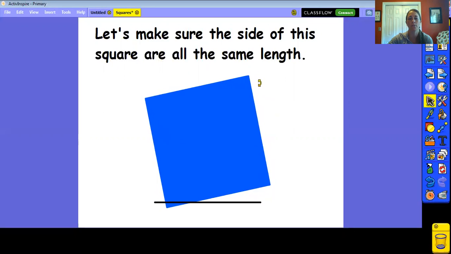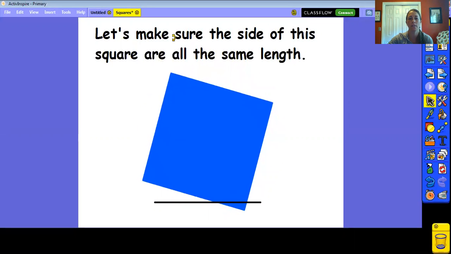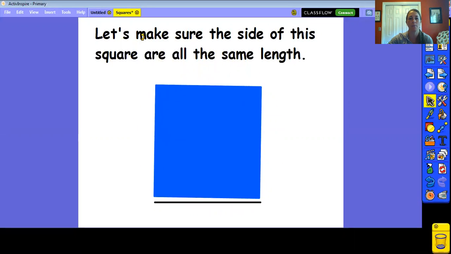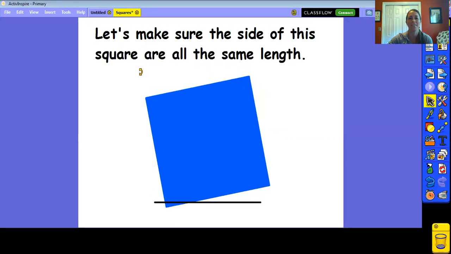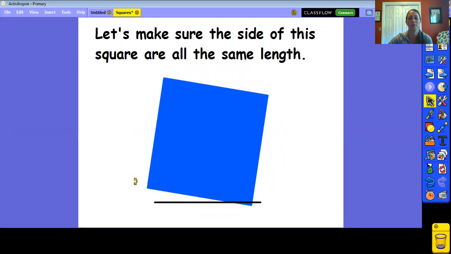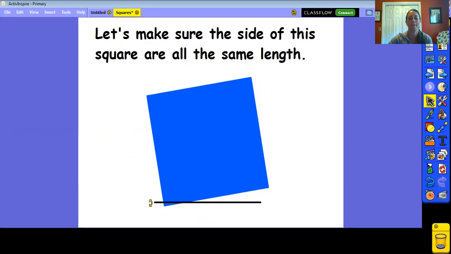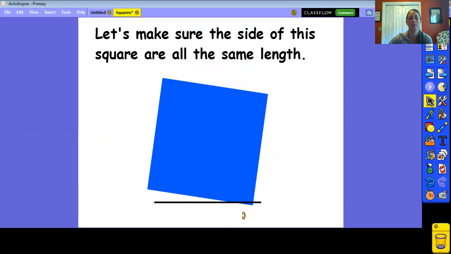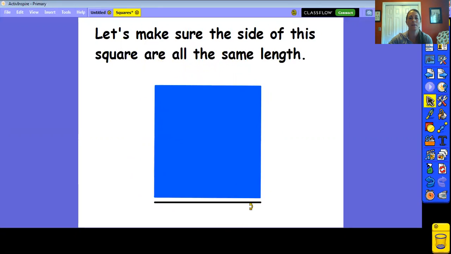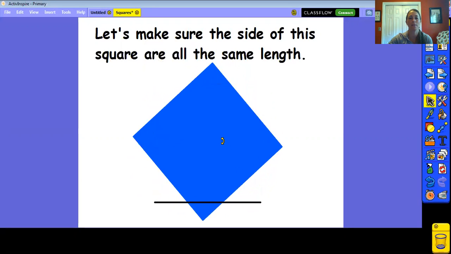All right, so let's turn, and let's see how this side matches up. What do you think? Pretty good, huh? Let's see if this side matches up. Yep. And let's see if this is the same. All right, and let's put it back to where it started.